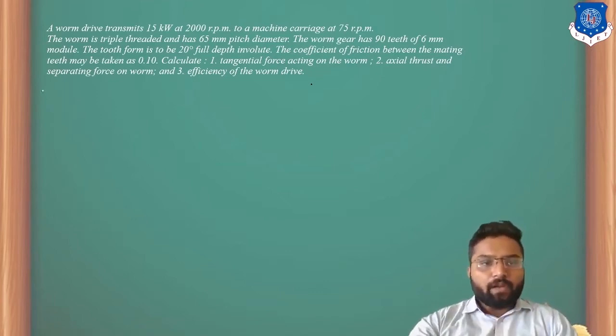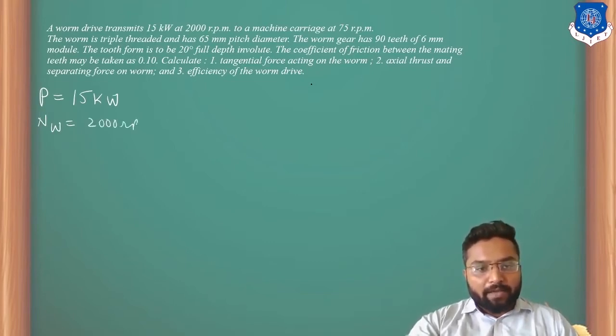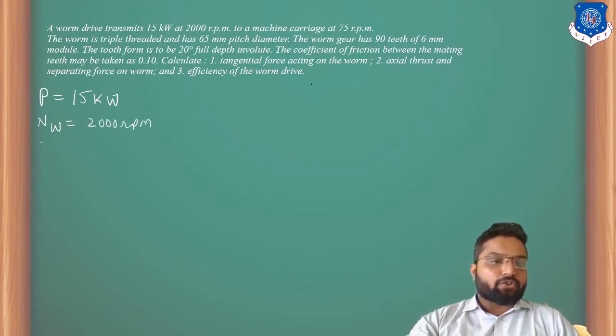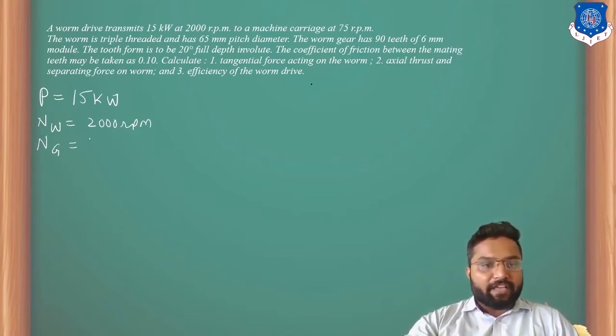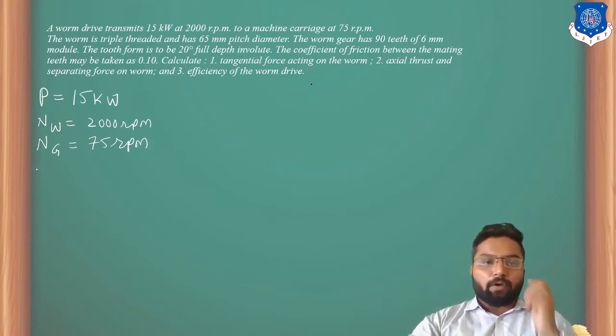So here power is given as 15 kilowatt, and we are provided NW, which is the rpm of the worm, 2000 rpm, and it has to transfer it at NG, which is the rpm of the gear, 75 rpm. The worm is triple threaded, so here the number of starts for the worm is 3.